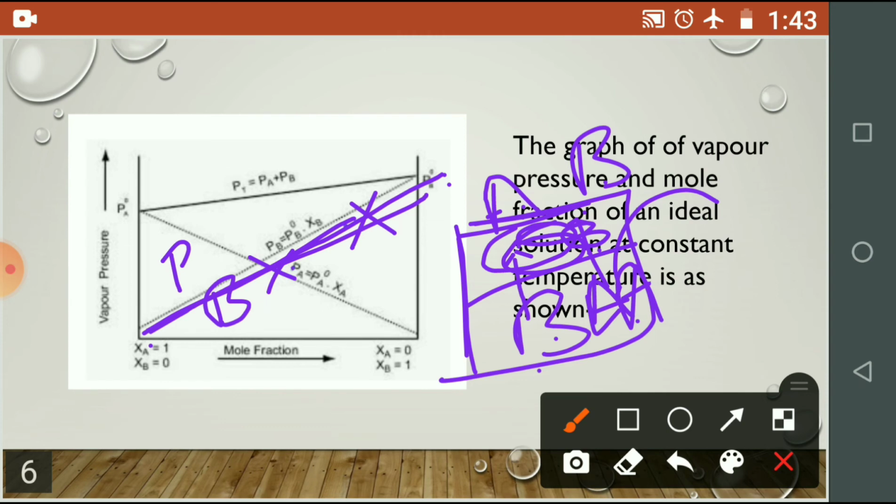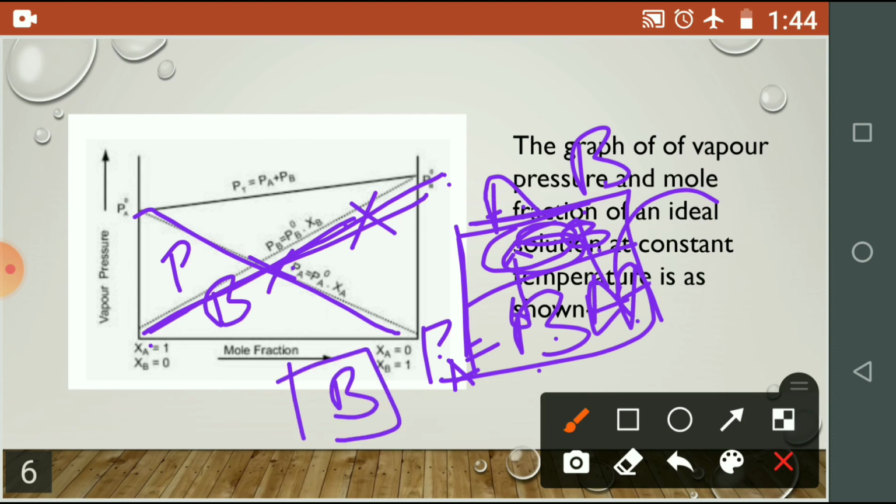ಅದೇ ಥರ ದಿಸ್ ಗ್ರಾಫ್ ಇಲ್ಲಿ XA is equal to 0 ಅಂದರೆ ಇದರದ್ದು ಪಾರ್ಷಿಯಲ್ ವೇಪರ್ ಪ್ರೆಷರ್ ಈಸ್ 0 ಅಂತ ಹೇಳ್ತೀವಿ, ಹೌದಾ. ಸೊ ಇದಕ್ಕೆ ನಾವು ಬಿಯನ್ನು ಹಾಕ್ತಾ ಹೋದರೆ ಫಾರ್ ದ್ಯಾಟ್ ದ ವೇಪರ್ ಪ್ರೆಷರ್ ಗೋಸ್ ಆನ್ increasing, thereby this graph will be like this.